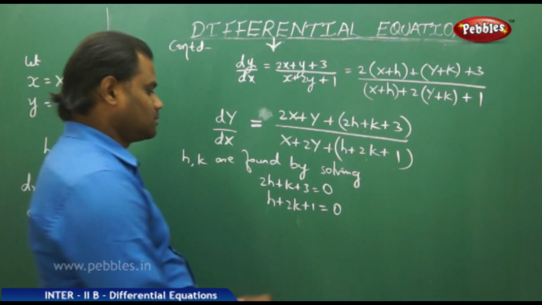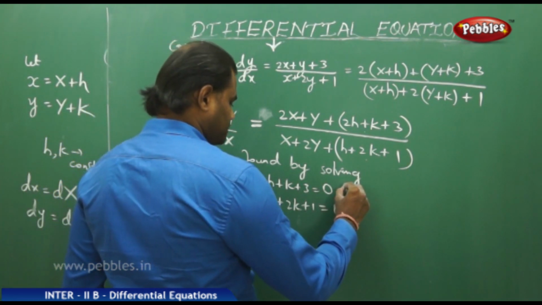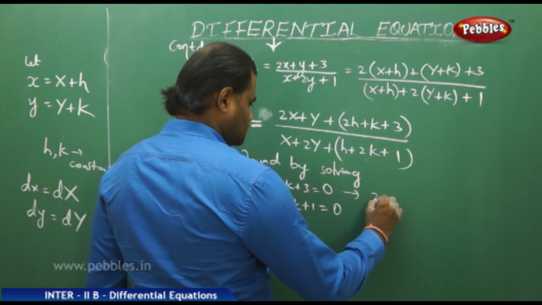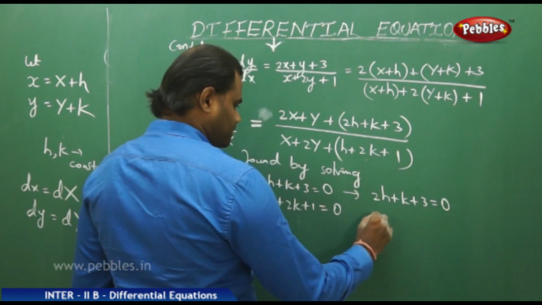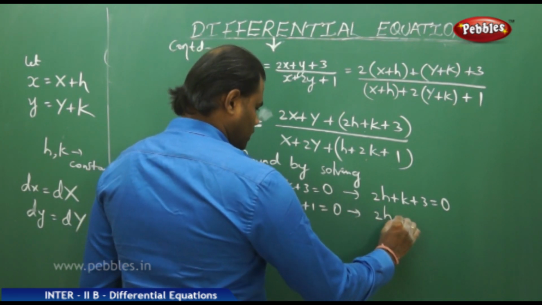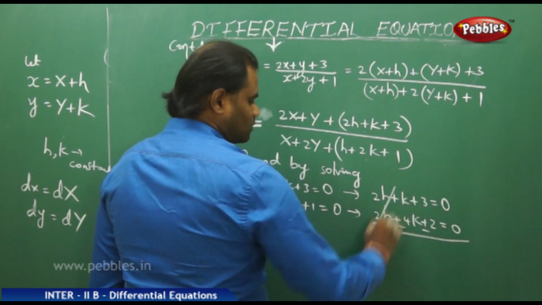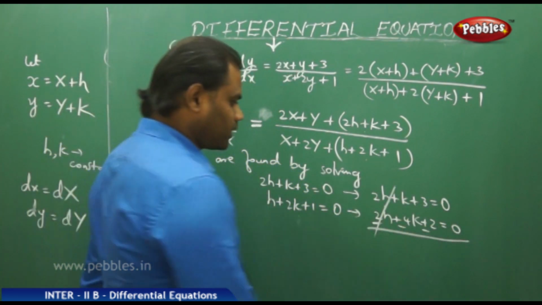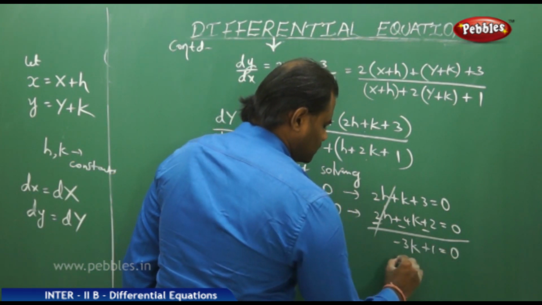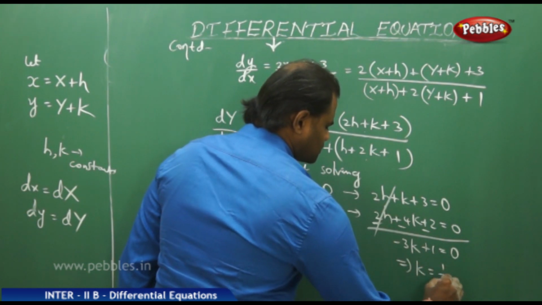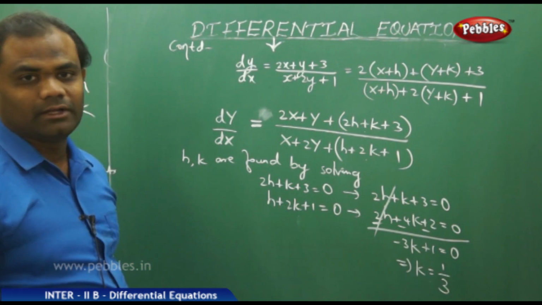So let's find h and k using the elimination method. This gives us 2h plus k plus 3 equals 0, and multiplying this with 2, 2h plus 4k plus 2 equals 0. Then k minus 4k is minus 3k plus 3 minus 2 is 1. That implies k is 1 over 3. And when k is 1 over 3, we find the value of h.